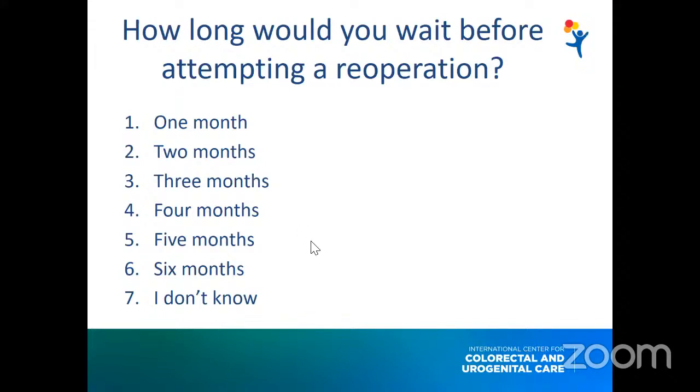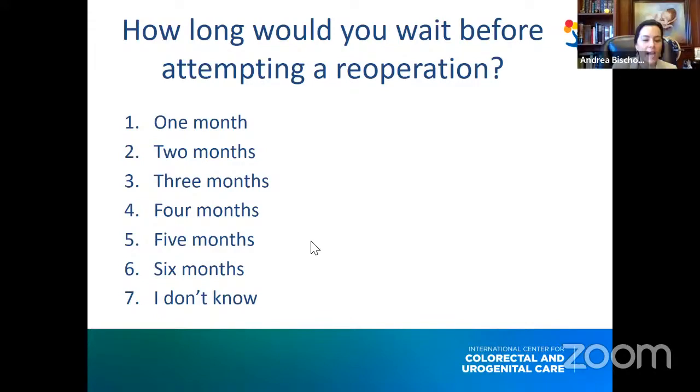Very good. I would say any answer after 3 months is okay. Attempting a reoperation before 3 months is going to be very hard. I would say open the colostomy now. The longer you can wait, the better for the child and for you, because then the reoperation will be a little easier, but reoperations with complications are never easy.